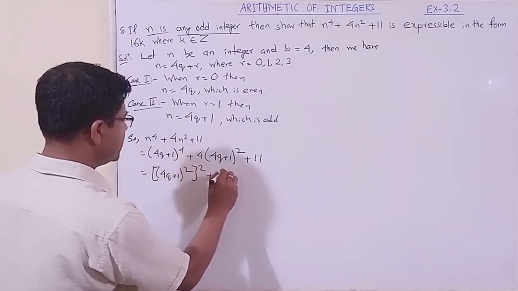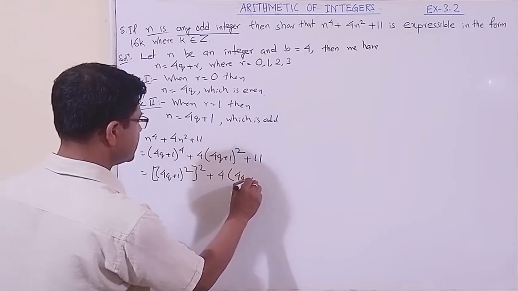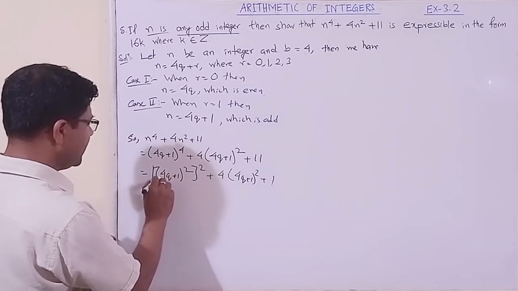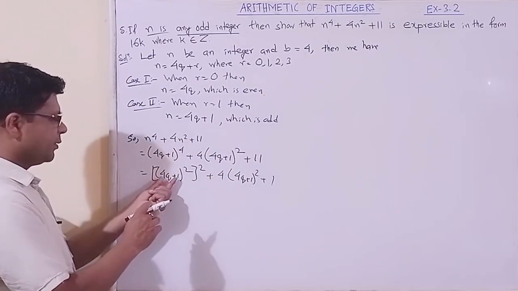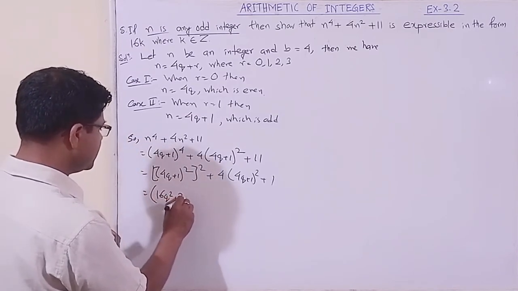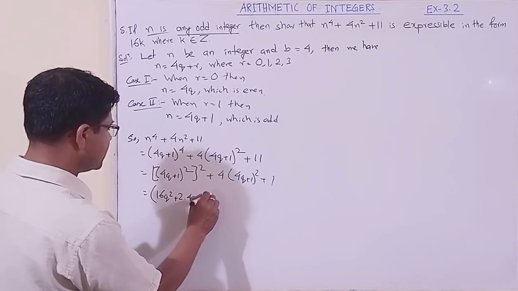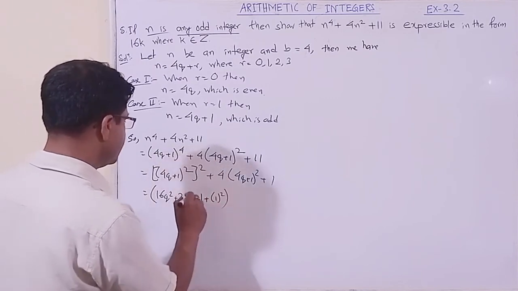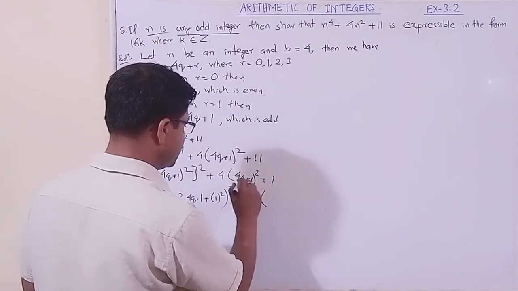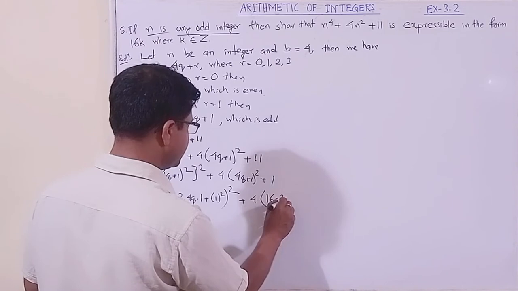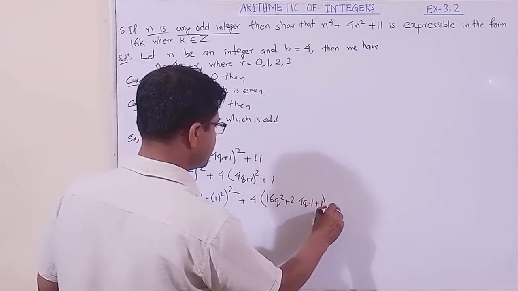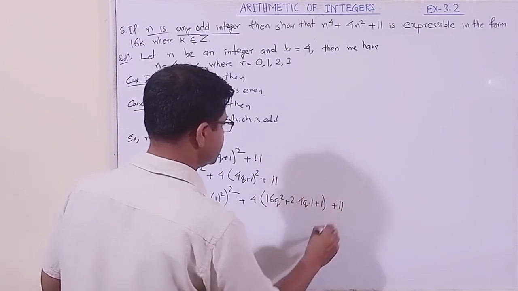Later we will do 4q plus 1 whole square plus 1. So this is a plus b whole square. At first a plus b whole square, so let us express it: a square plus twice ab plus b square. Its square. Now 4, a square plus twice ab plus b square plus, sorry, this was 11.